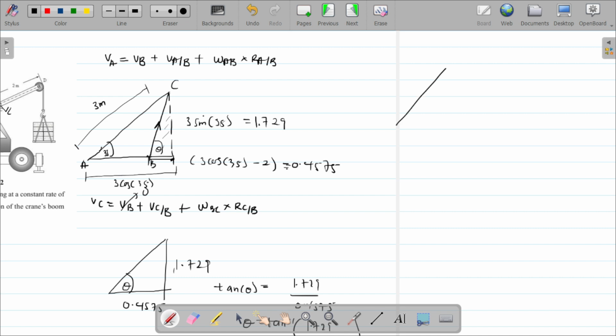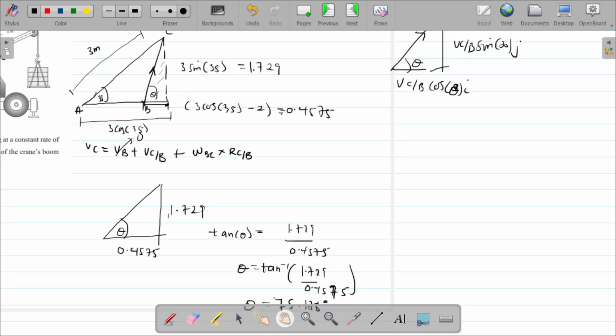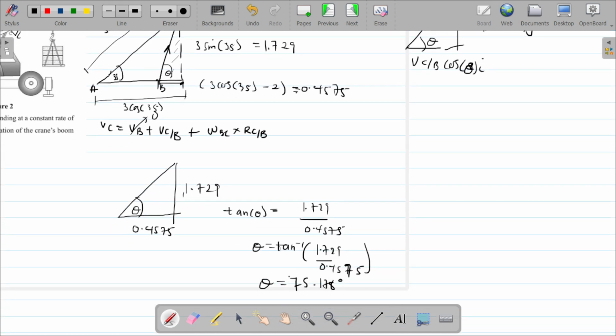So the velocity of C with respect to B is going to be along the same direction, making an angle theta here. So this one will be VC relative to B cos theta i, and then VC relative to B sine theta j.